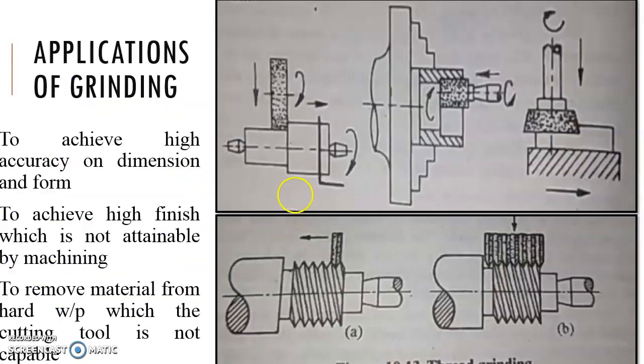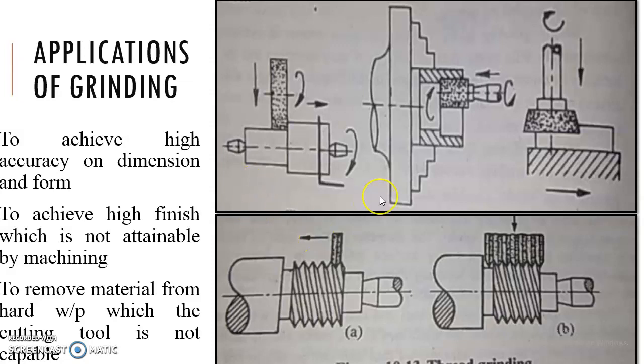Where are the applications? Where we need high accuracy on dimension and form, there we use the grinding operation. To achieve a high surface finish which is not attainable by machining, can be done by grinding operation. Try to understand, to remove material from a hard workpiece is not possible by any kind of machining, but it is possible by grinding operation.